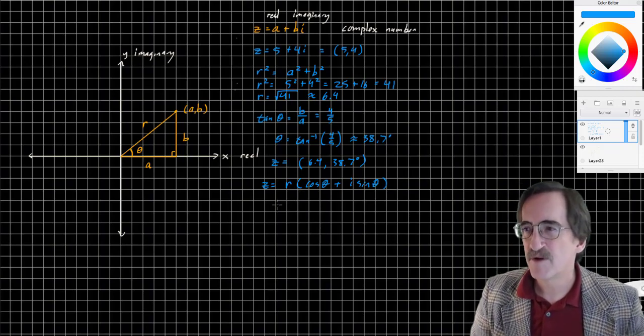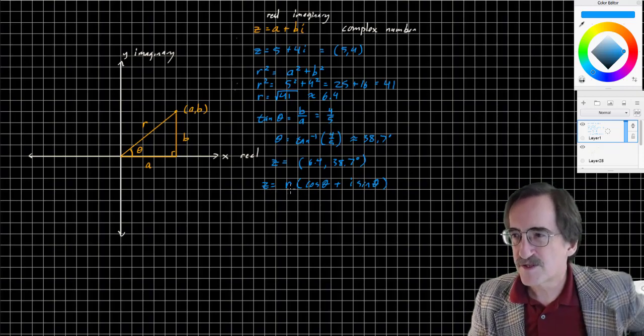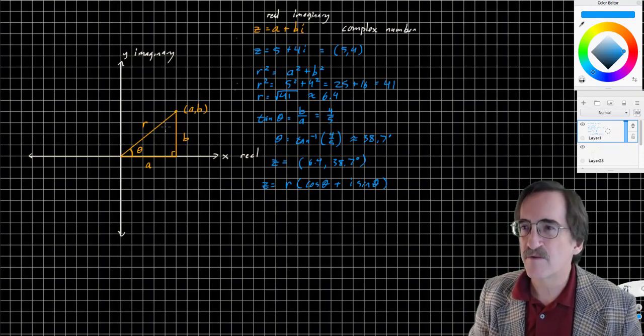This comes from the idea of converting from polar to rectangular.